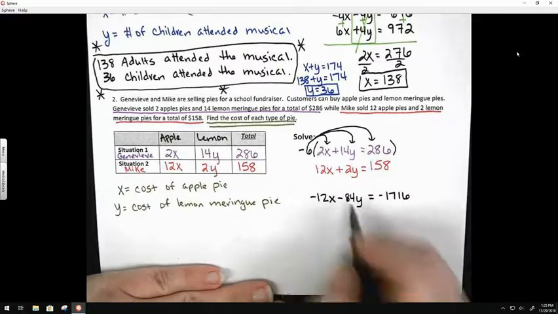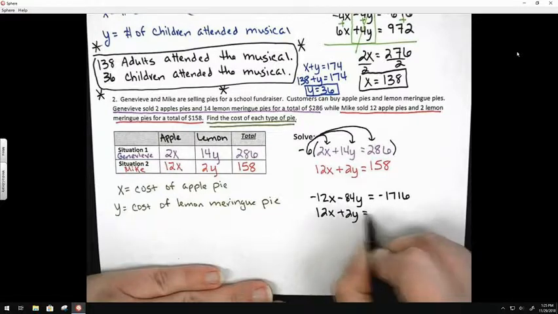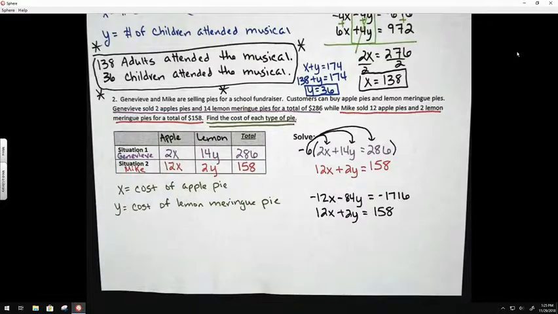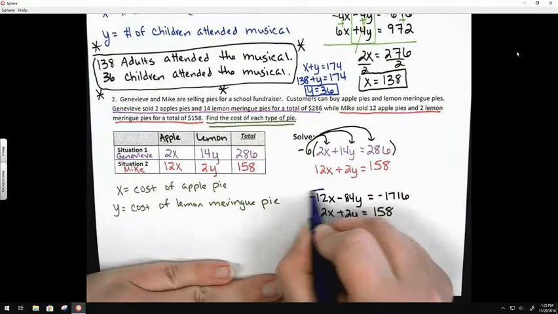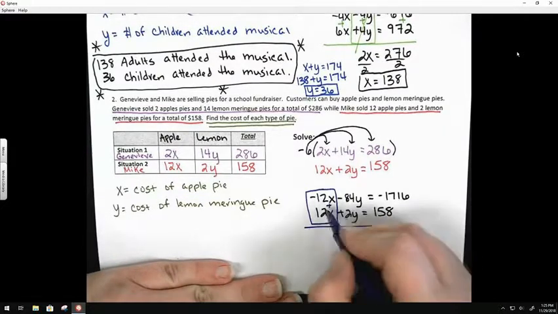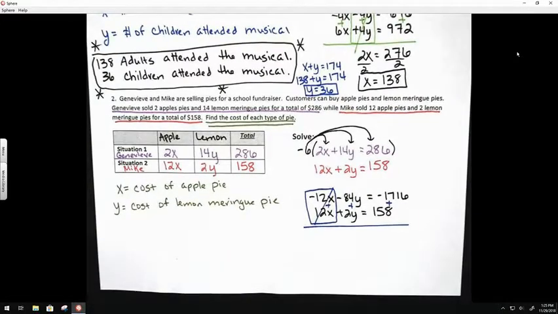And then my second equation I'm going to leave alone. 12x plus 2y equals 158. So now when I look at this, I can clearly see that here's my additive inverses. And if I add those together, I know that they're going to cancel. So I'm going to add my y's and I'm going to add my constants.